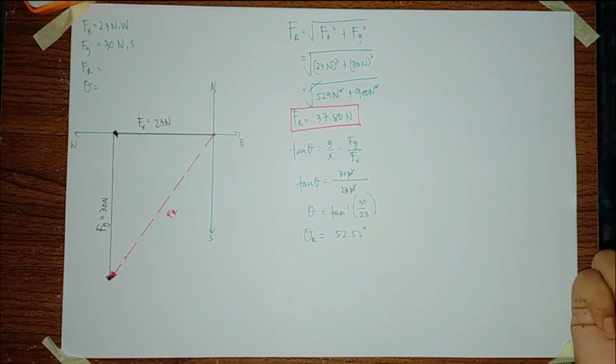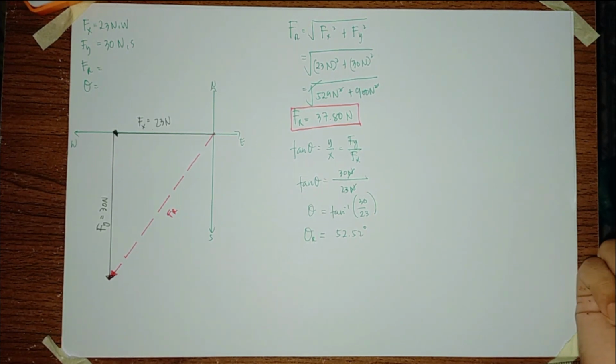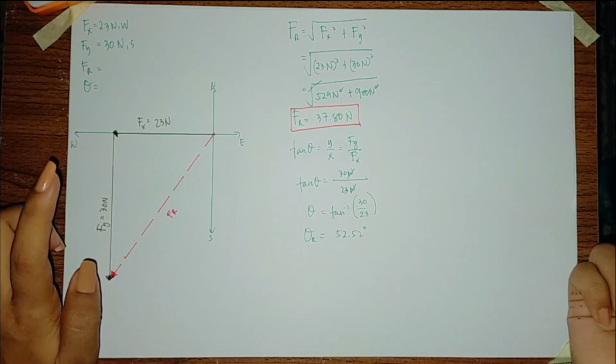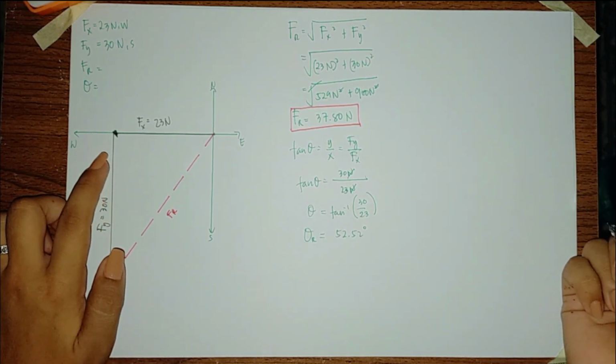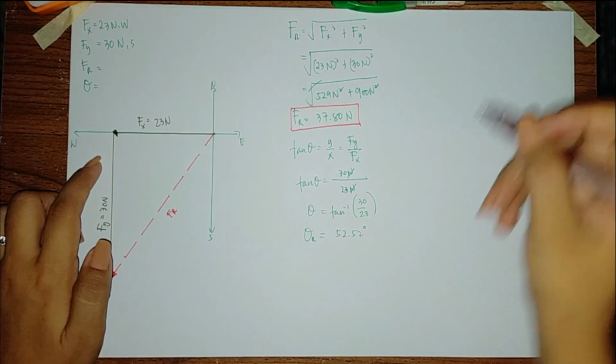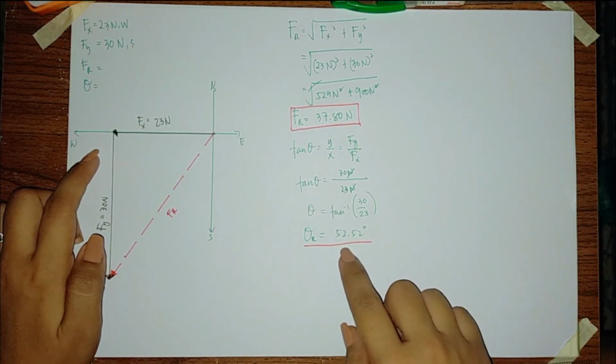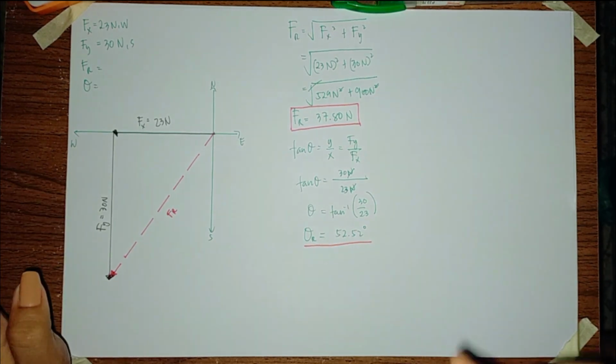Now, take note that our angle is located on the third quadrant. Located in the third quadrant. Now, before that, where do we locate the 52.52 degrees?